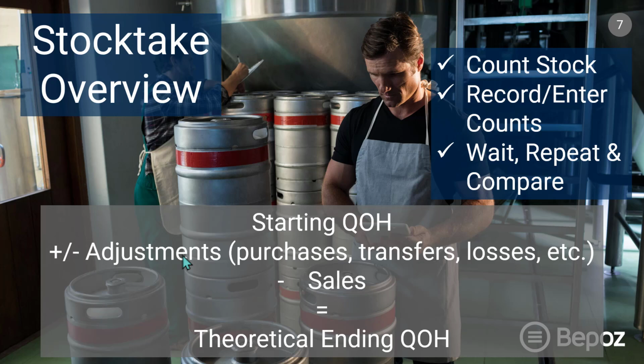And then, of course, subtract out sales, and that's going to give us our theoretical ending counts, which we can then compare to the actual counts. But again, we will get more into the specific BPOS workflows for conducting stock takes in an upcoming lesson.